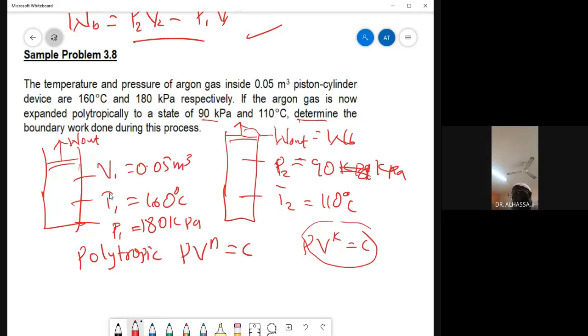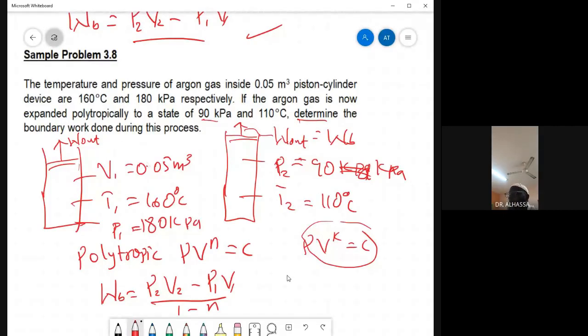So again, we want to find the boundary work. Boundary work for polytropic is given by (P2 V2 minus P1 V1) over (1 minus n). You understand? So we have to subtract from n in this way.